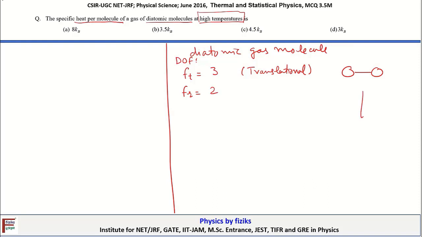We can take a look at the molecule. Suppose the molecule is placed something like this, and let's call these the X, Y, and Z axes.